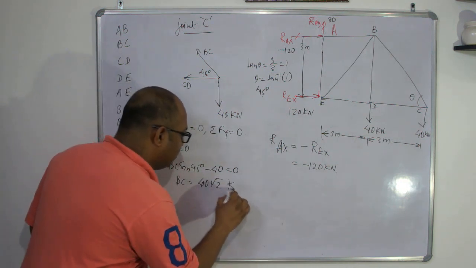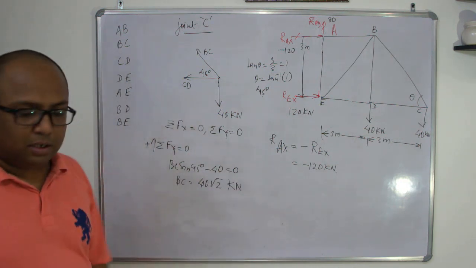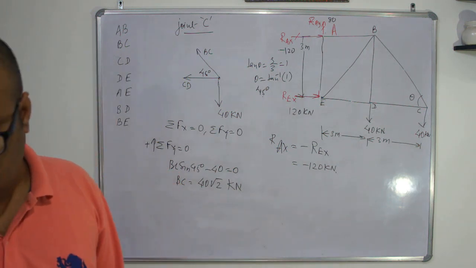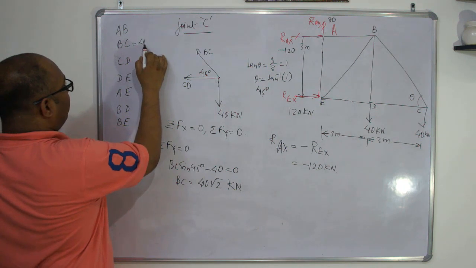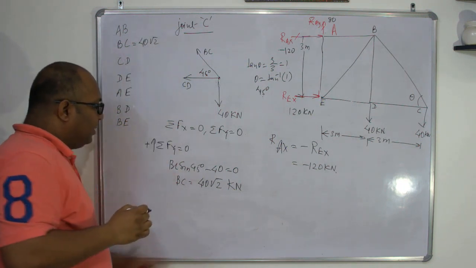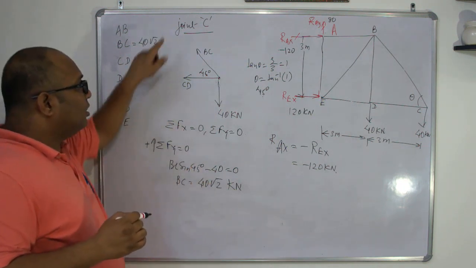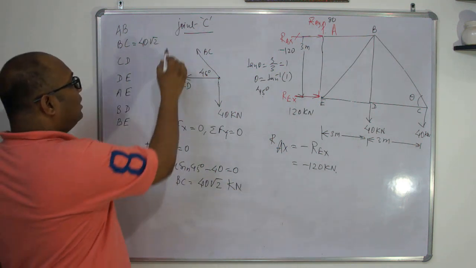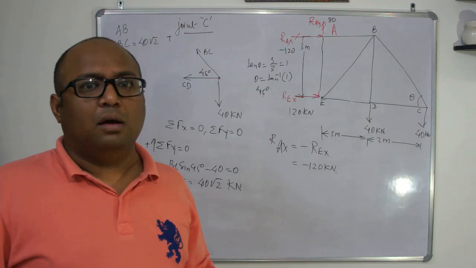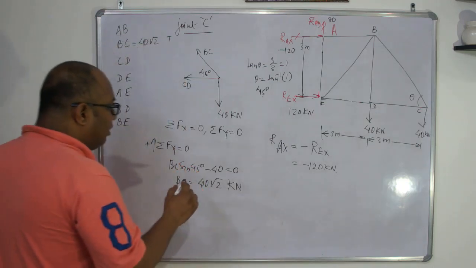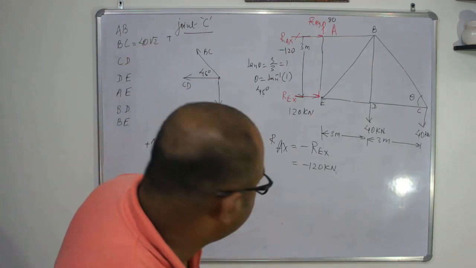And you also associate the unit with it. It is kilonewton. So can we write the value of BC over here? BC is 40 root 2. And because this value is positive, this also means that the member BC is in tension. Don't forget to write the nature of the force. Okay. Next, can we go for summation Fx equals to 0?